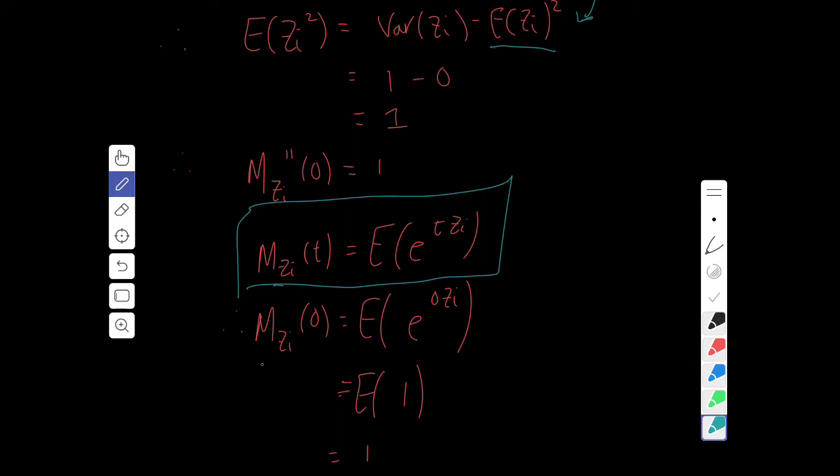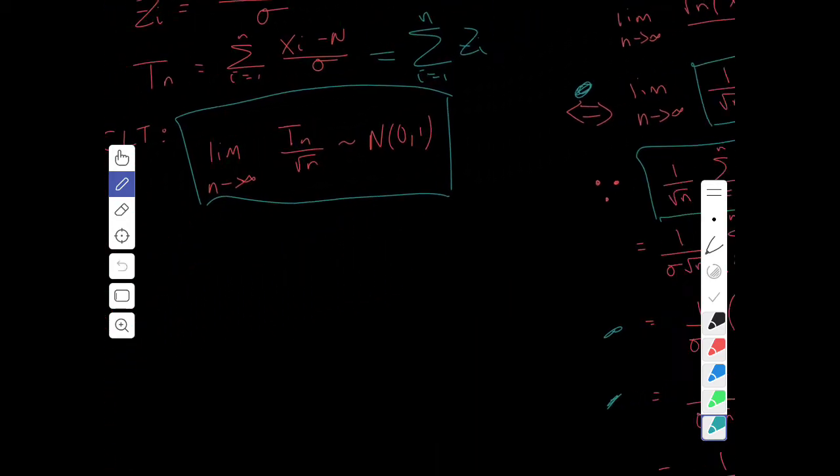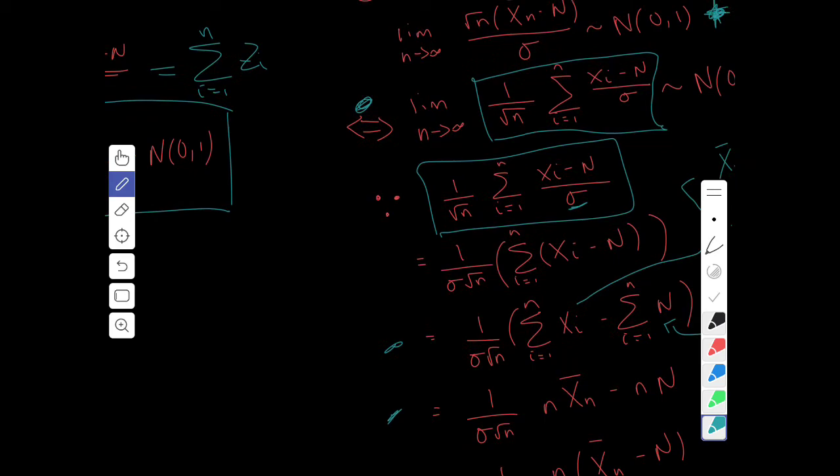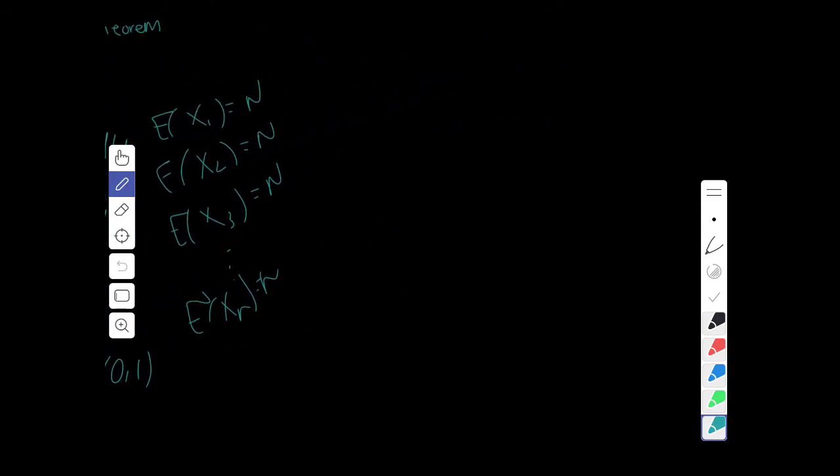So the moment generating function evaluated at 0 is equal to 1. Okay, so that's kind of all of the tips and tricks that are going to happen in our proof. Now we need to actually get to the proof.